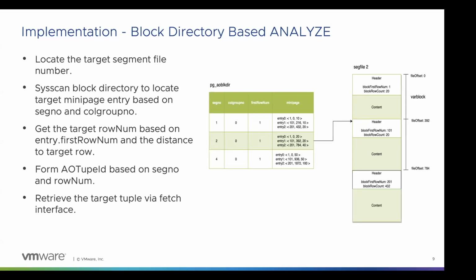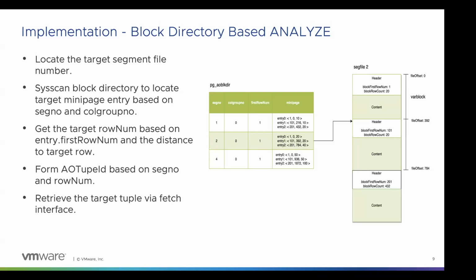So when we get the corresponding mini page, we can get the corresponding entry, and the entry stores things like the block first row number, the file offset, and also the block count.